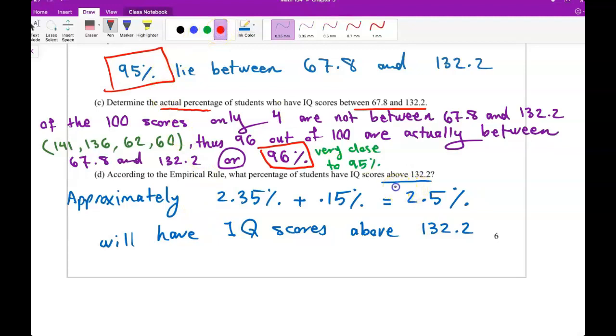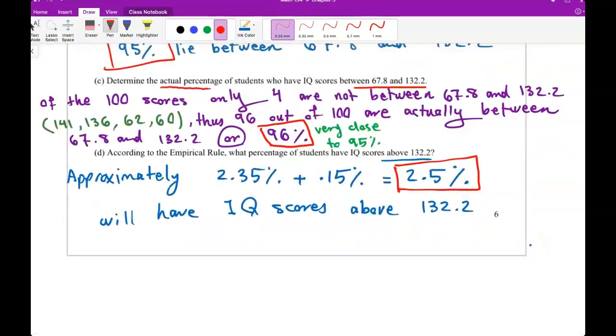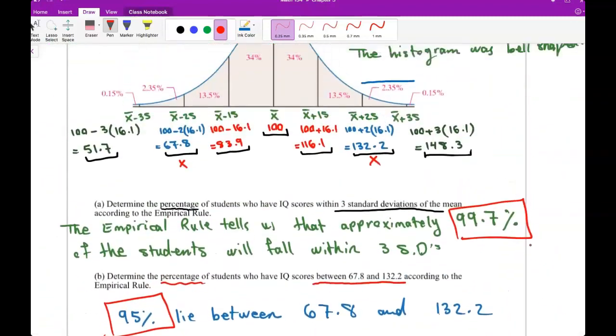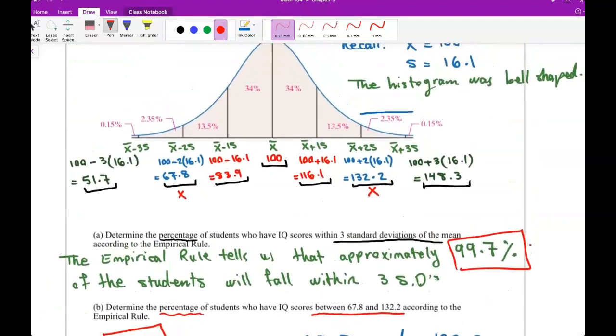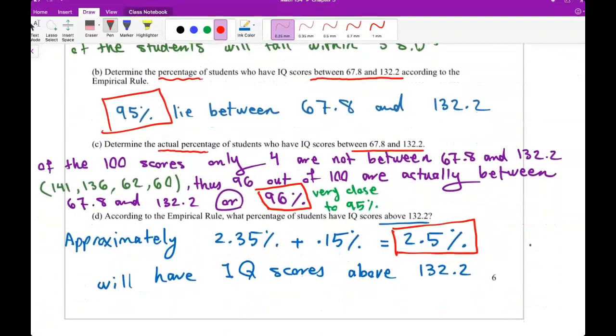So the answer for this part is 2.5%. Okay, we finished this part.